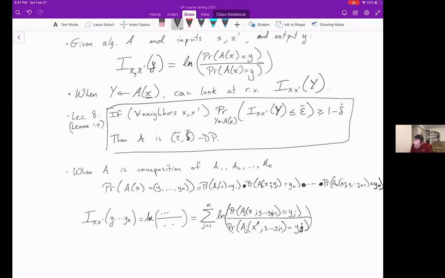I can think of this as a sum of little privacy loss random variables, one for each of the algorithms in the adaptive composition.